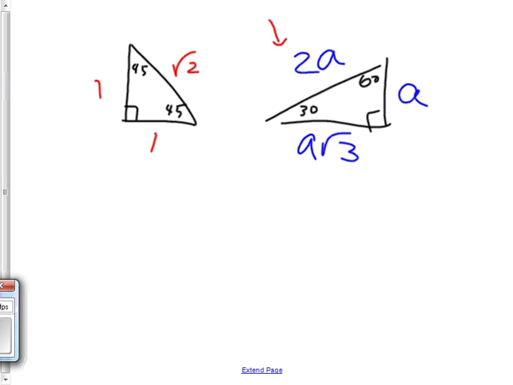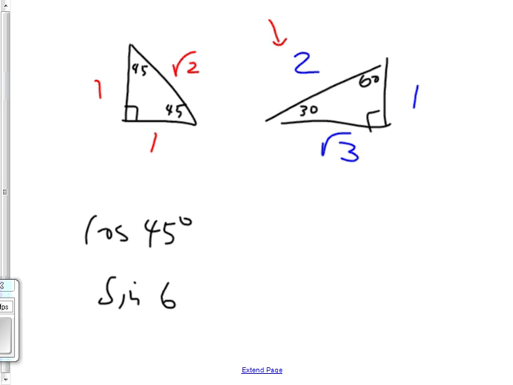So, for example, right now, would you please calculate for me 2 things? Cosine of 45 and sine of 60. No calculator. That's the point. I have to put it all the way away because we are going to use calculators later.